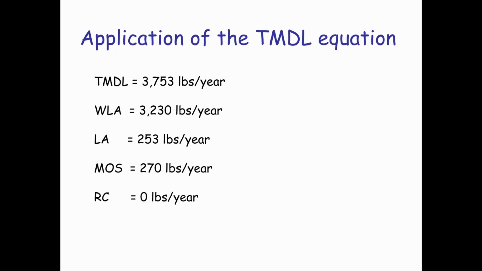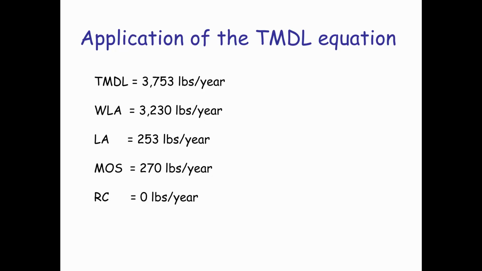Now, the waste load allocation is 3,230. And the reason why is there are no wastewater treatment plants here. Basically, it's just municipal stormwater that's being accounted for here. And so there are really no non-point sources except for the atmospheric loading, which was estimated to be 253 pounds per year for the watershed.